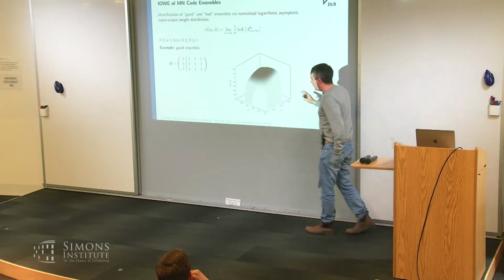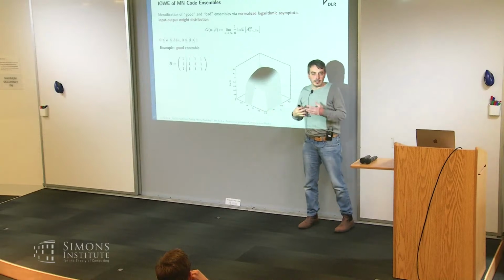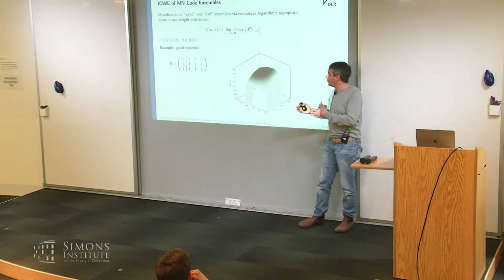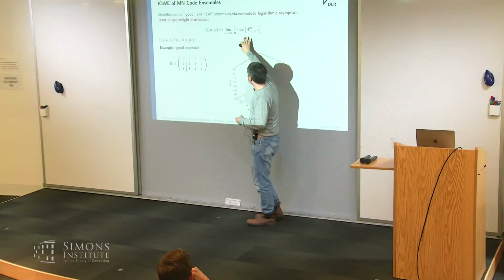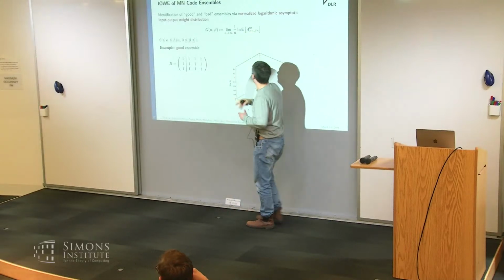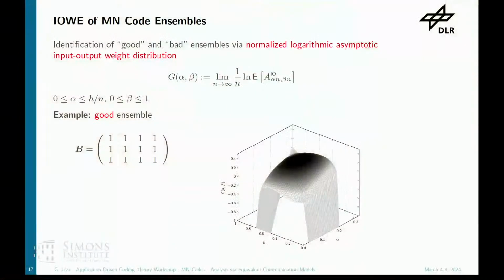In order to use this information in the code design, we went for an asymptotic analysis of the protograph ensembles that we designed. So we computed the growth rate of the input-output weight enumerator for our protographs.